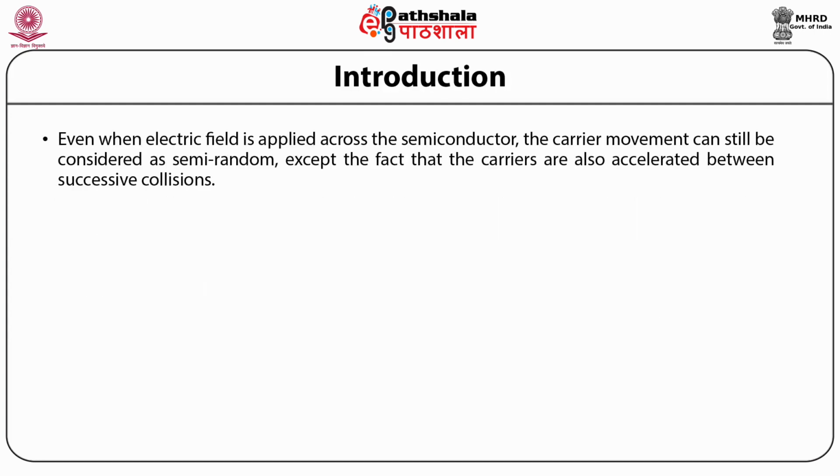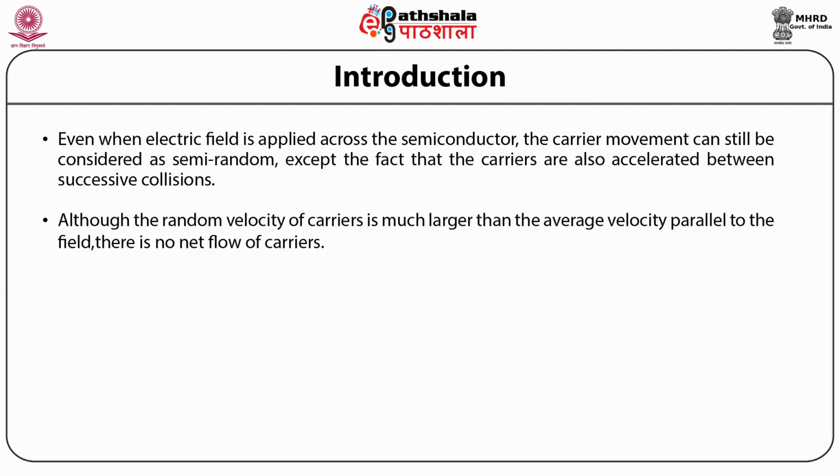Even when an electric field is applied across the semiconductor, the carrier movement can still be considered as semi-random, except for the fact that the carriers are also accelerated between successive collisions.